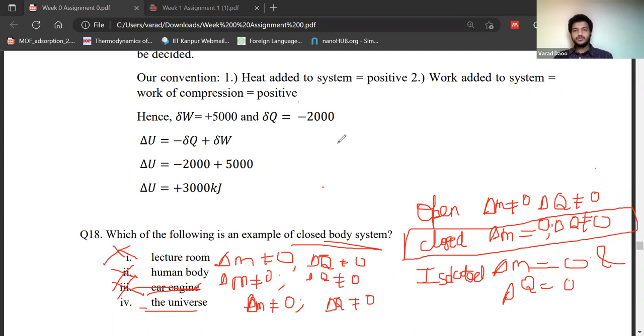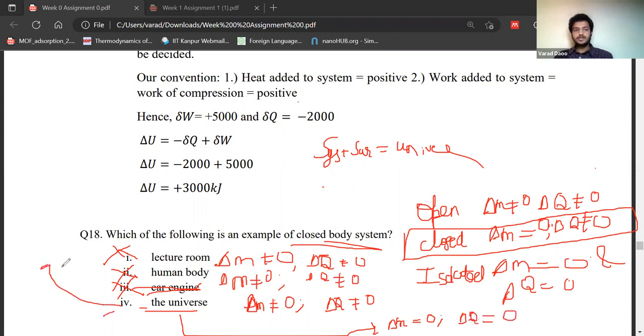So universe, so we have system plus surrounding is equal to universe, right? So with universe, what we can say? So for universe, it cannot exchange mass with the surrounding. So delta M is equal to 0. Similarly, delta Q is equal to 0. That means universe is an isolated system, right?